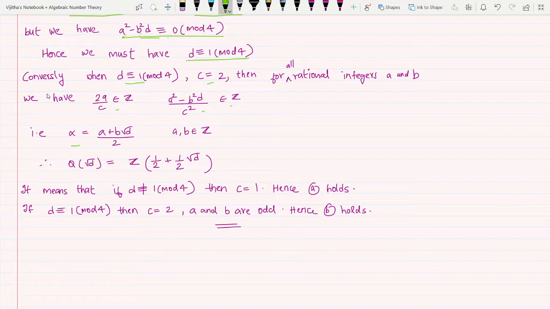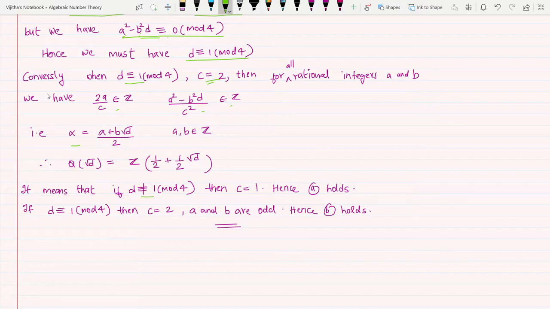So we will get that Q of root d. In this case, it means that if d is congruent to 1 mod 4, we see that c must be 2. If c is equal to 2, we got that d congruent to 1 mod 4. So for the other case, when c equal to 1, we must have d not congruent to 1 mod 4.